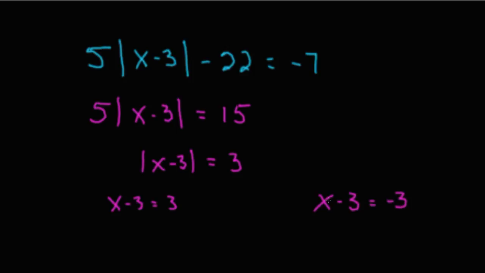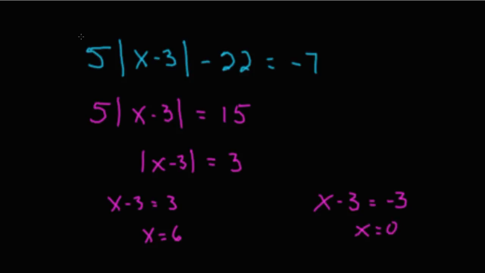Because again, if x minus 3 is equal to a negative 3, the absolute value of that is going to be equal to 3. All right, x minus 3 equals 3: we add 3 to both sides and get x equals 6. X minus 3 equals a negative 3: we add 3 to both sides and get x equals 0.